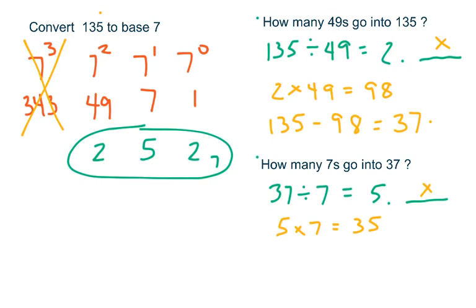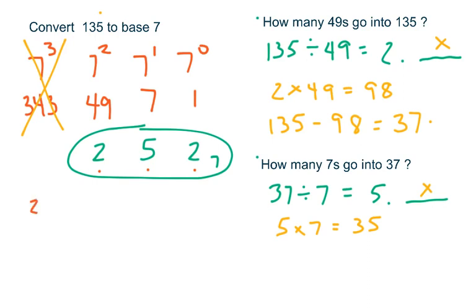One nice thing about these is that it's pretty easy to check our work by converting back into base 10. Let's take a look at how that would go. What I've just written down is 2 49s, 5 7s, and 2 1s. And I'm saying that's the same as 135. Well, let's check it.